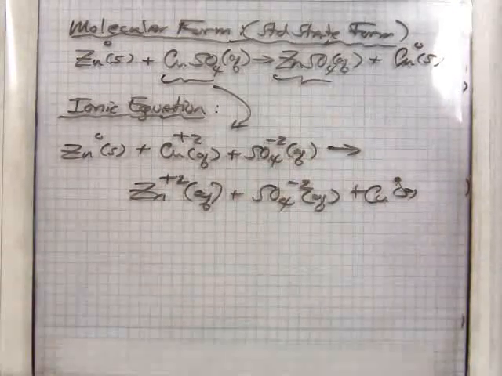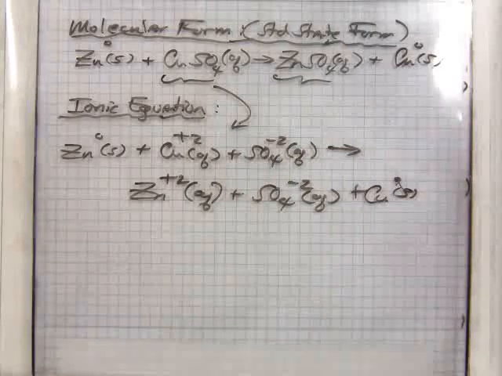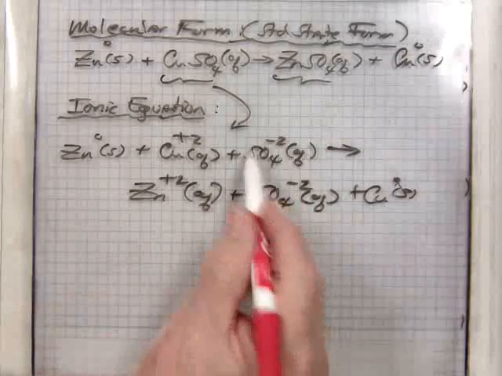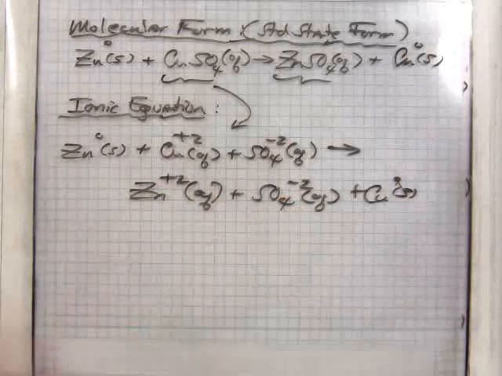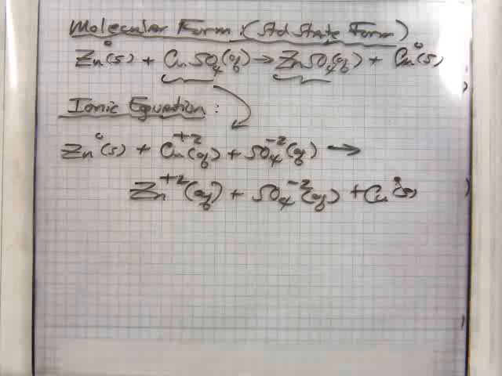Now, sulfate in here is required as what we call a counterion. And you've got to have a counterion. This could be any anion to carry the primary cations that are involved in the reaction. So I just happen to use sulfate.